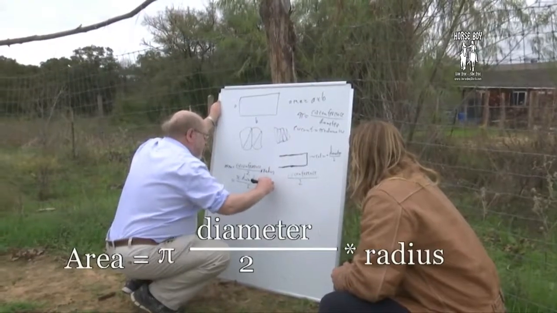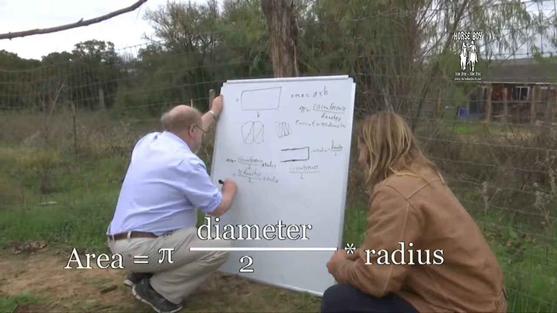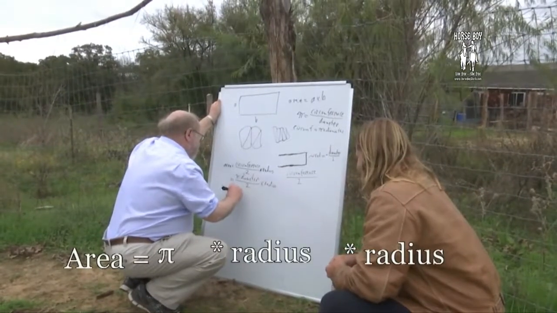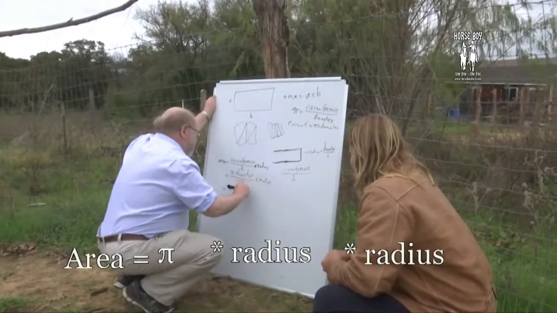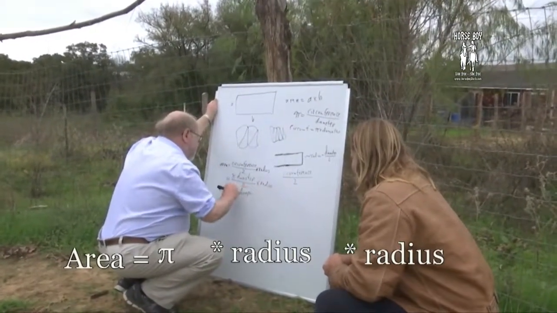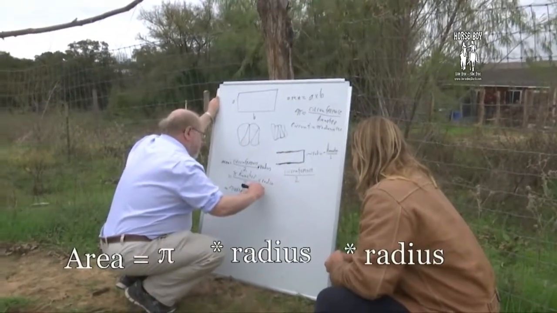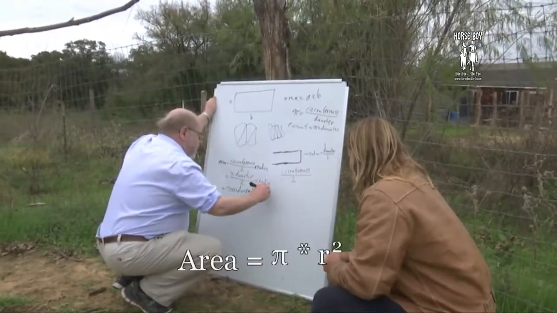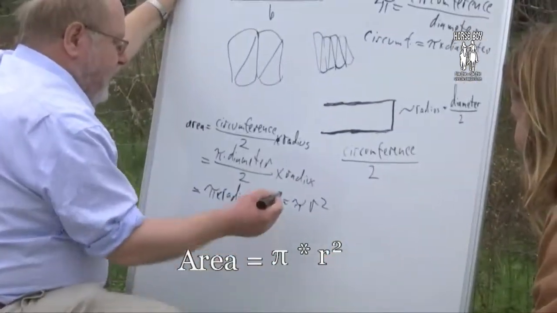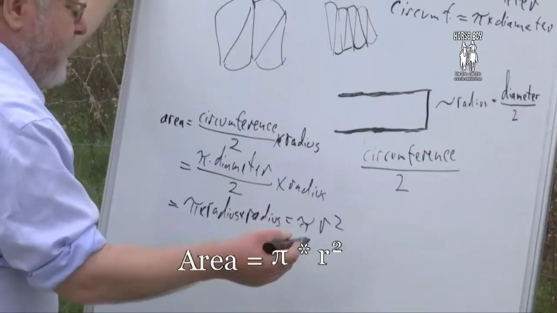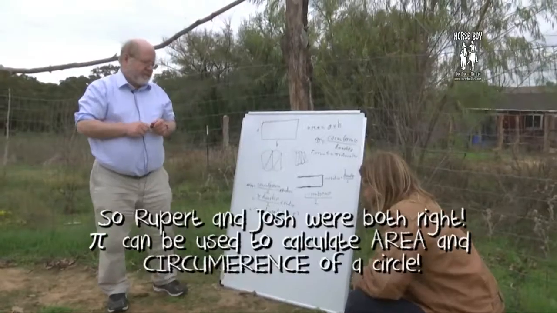Now, half of a diameter is a radius. So the area is pi times radius times radius. So it's actually pi times the radius squared, and that's what we said. It's 3 and a bit times the square we did over the radius.